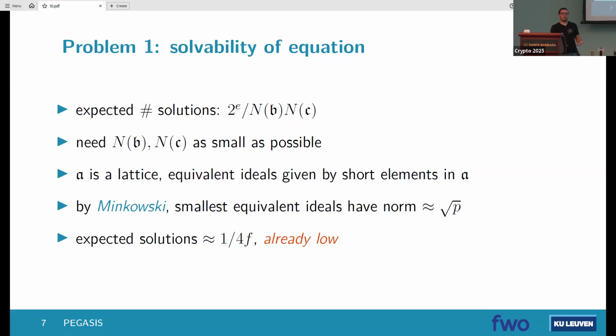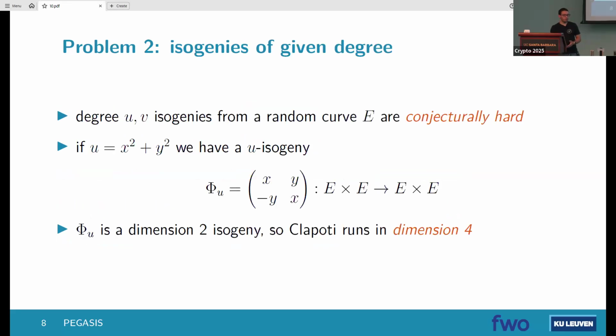However, we can see our starting ideal A as a lattice, and in that case, short equivalent ideals are shortest vectors in the lattice A. So we have the Minkowski bound that tells us how small we can be, and this is roughly square root of P. So the best ideals that we can find will have norm roughly square root of P. And if we plug this back into the equation, then we see that the number of expected solutions is roughly 1 over 4f, where f is the cofactor, which is already quite low.